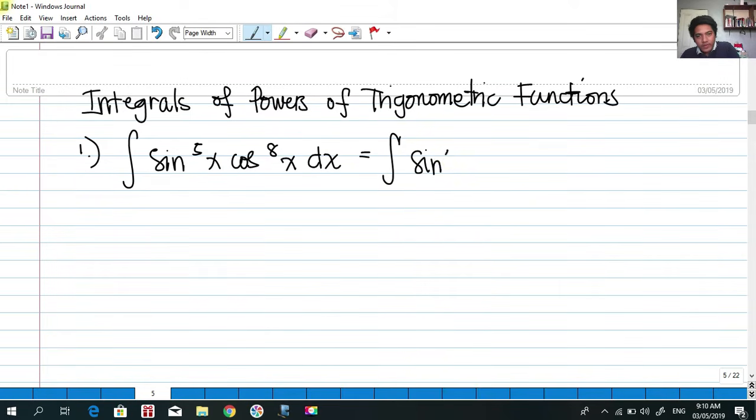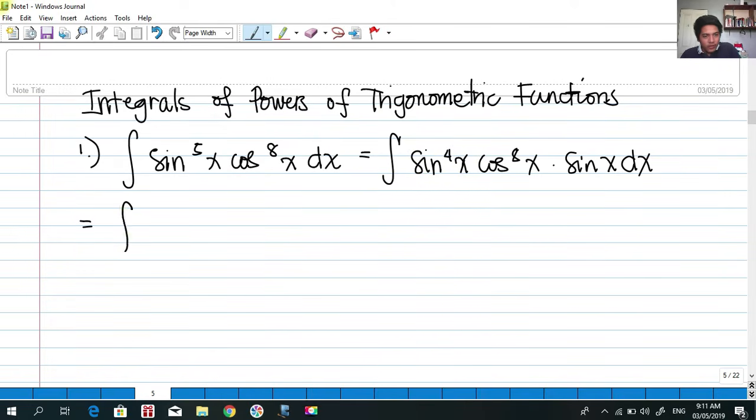So we have sine raised to 4 of x times cosine raised to 8 of x, multiplied by sine of x dx. Okay, we have stripped off the one sine from this function. And our goal is to make these two terms equivalent to each other, or the same trigonometric function. We have to make this a cosine.